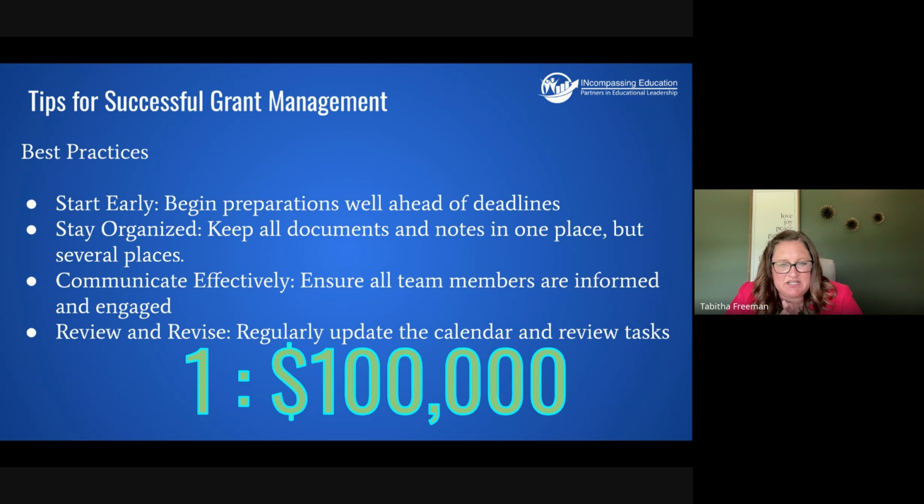I put on the bottom here, this is one of my top tips, the ratio of 1 to 100,000. For every $100,000 that you are managing, you need at least 1 hour a week dedicated to that. So if you have $400,000 worth of grants, you need to spend at least 4 hours a week managing those.